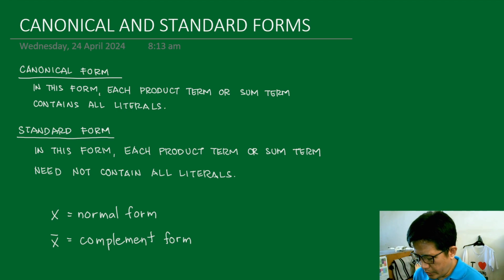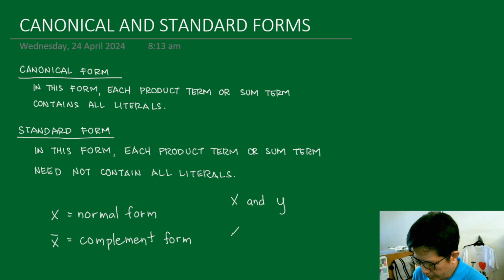Now, consider if we have two binary variables, for example, x and y. In either form, whether in normal or complement form, these two variables can produce four possible combinations.